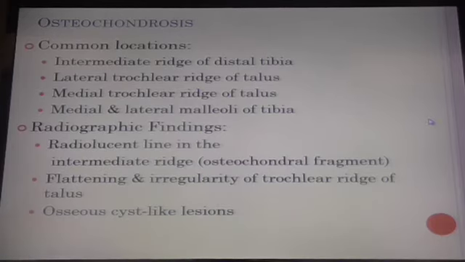Okay, osteochondrosis. Osteochondrosis is a term that they use for cartilaginous defect. When we use the term osteochondrosis dissecans, that usually means a desiccated piece of bone, and you typically see this in small animals. Dissecans would be a fragment from the osteochondrosis complex.